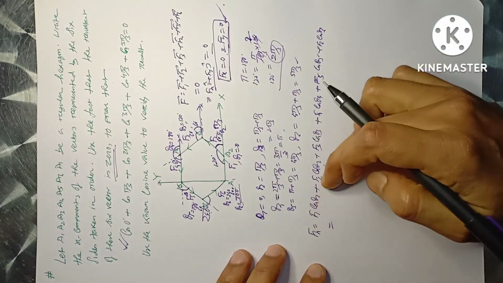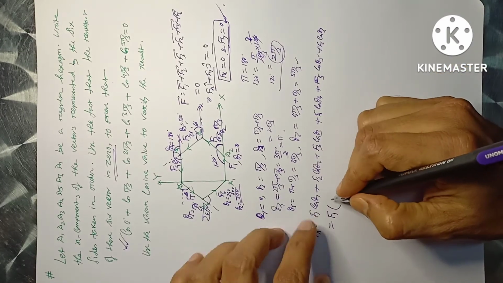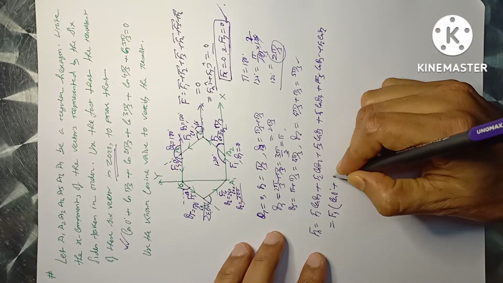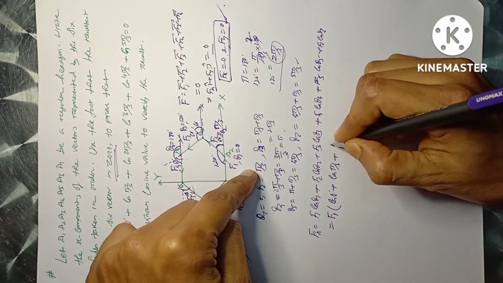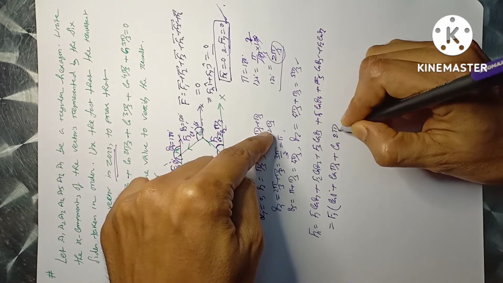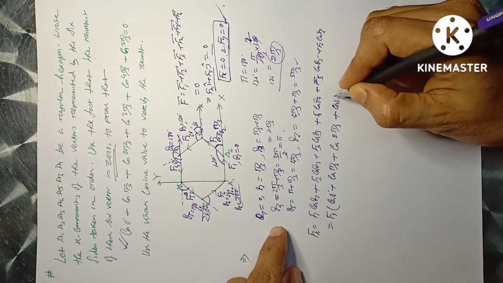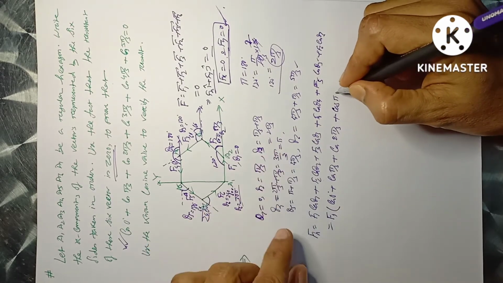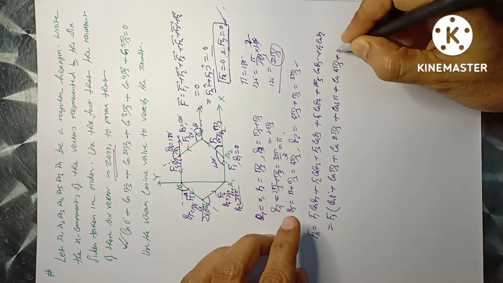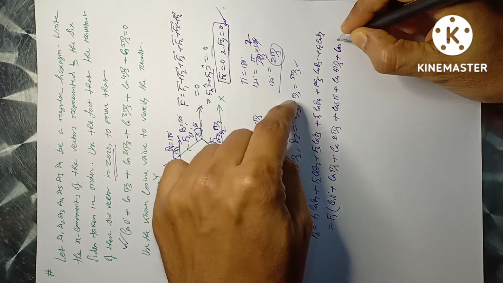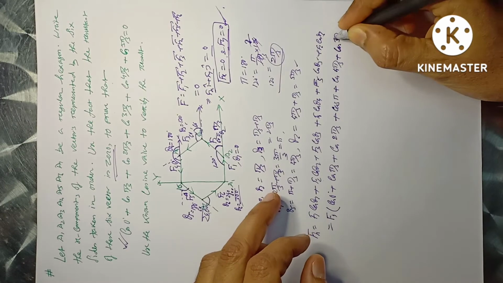Then we can write f1, f2, f3 all are equal. So we can take f1 common: cos theta 1, cos 0, plus cos theta 2, pi by 3, plus cos theta 3, 2 pi by 3, plus cos theta 4, pi, plus cos theta 5, 4 pi by 3, plus cos theta 6, 5 pi by 3.